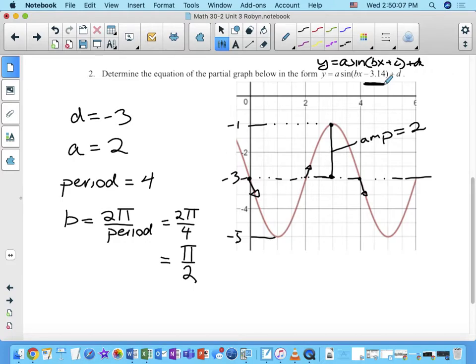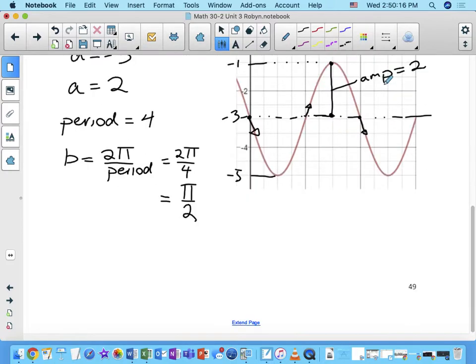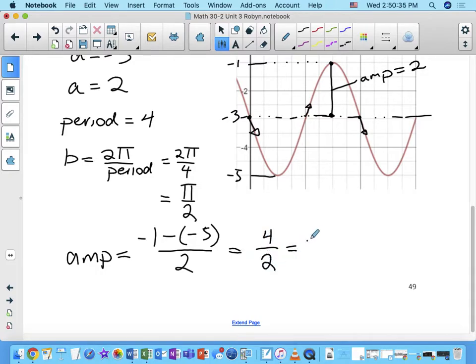If we looked at amplitude as max minus min divided by 2, max is -1 minus -5 over 2. When you subtract a negative, that becomes positive. So -1 minus -5 is +4 over 2, which is 2. Does that make sense?